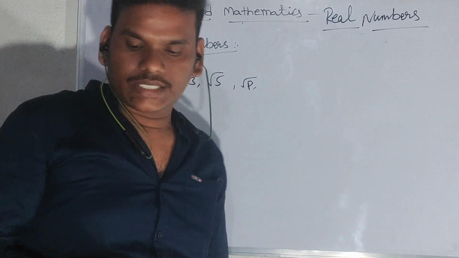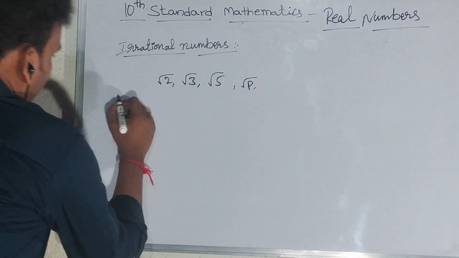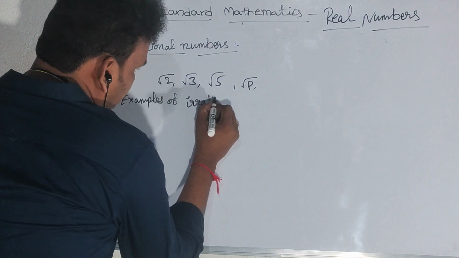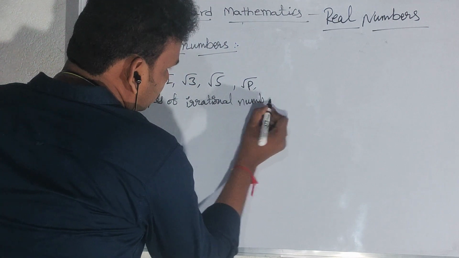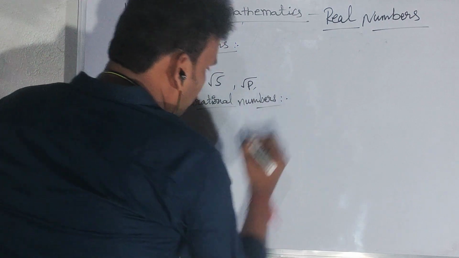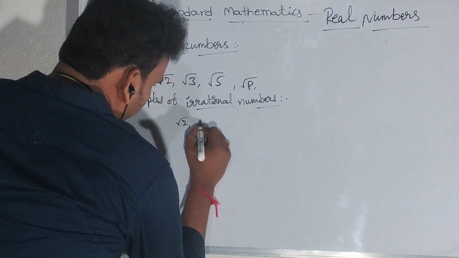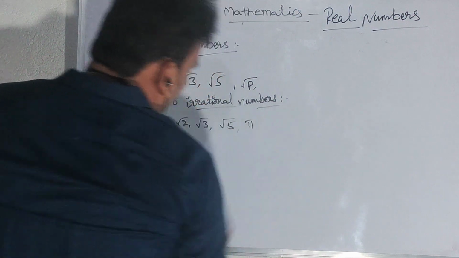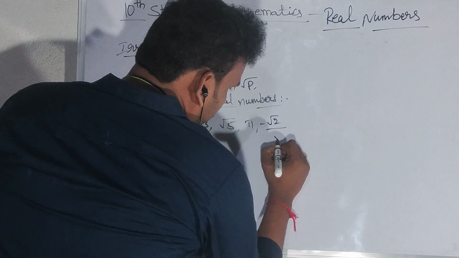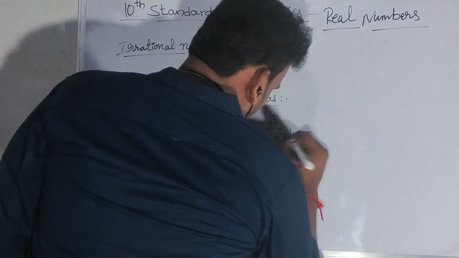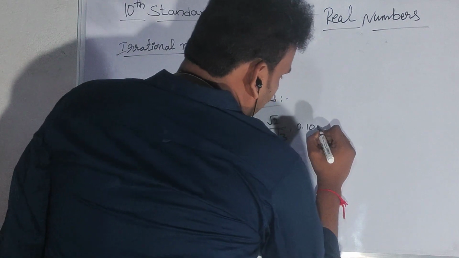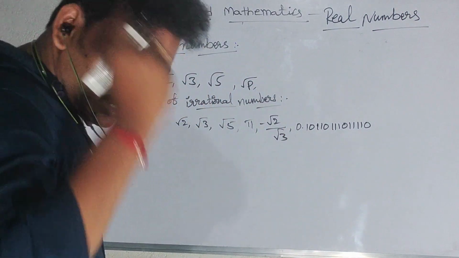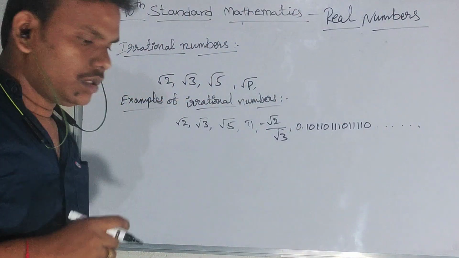Some examples of irrational numbers with which you are already familiar are square root 2, square root 3, square root 5, minus square root 2 by square root 3, and 0.10110111011110 and so on to infinity.